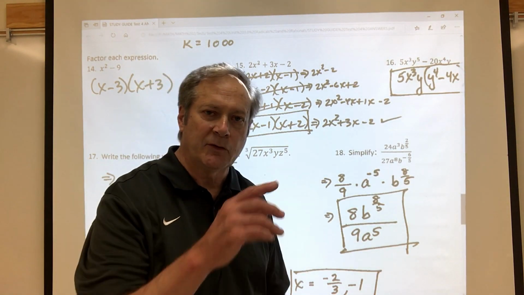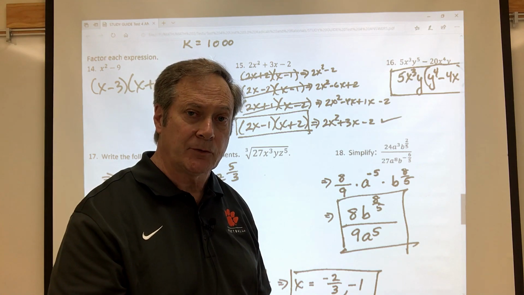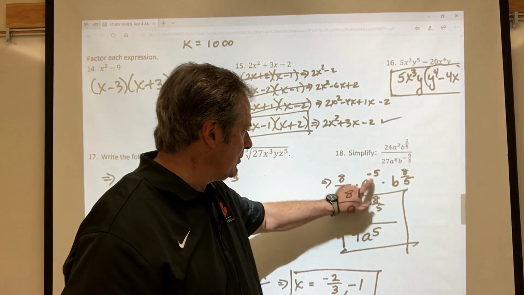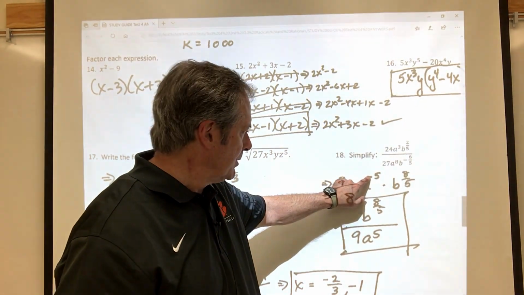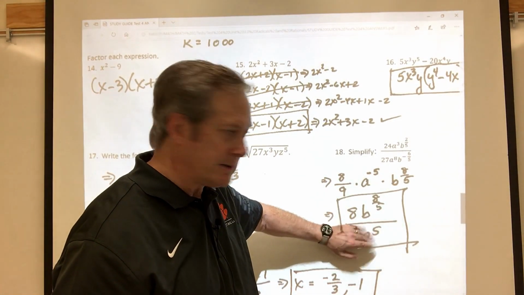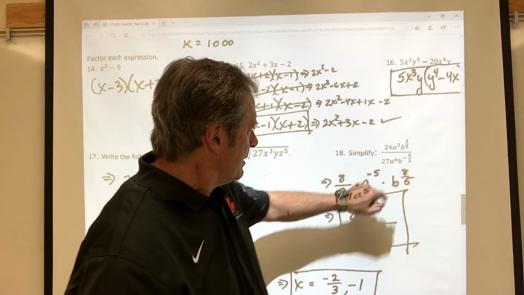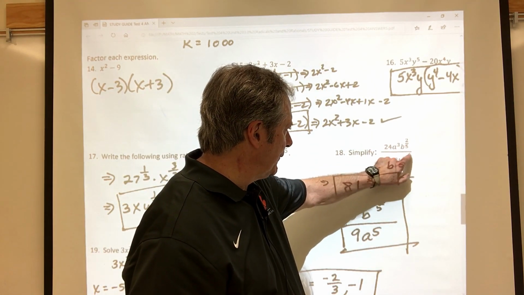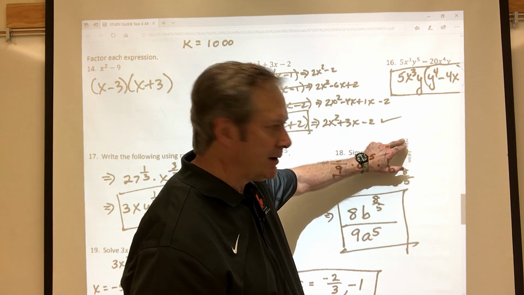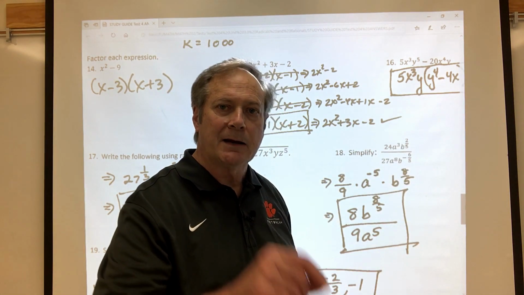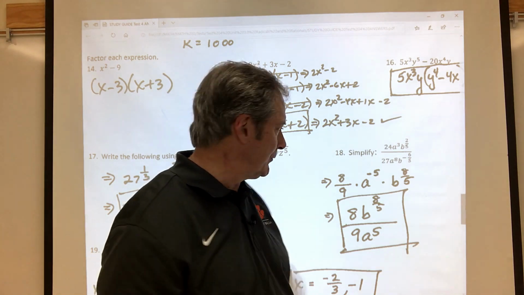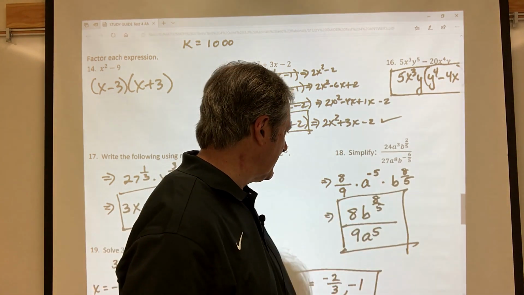You may want to remember we subtract exponents when we divide, so it's a to the 3 minus 8 or a to the negative 5, which in a moment we'll put down in the denominator. Okay, b to the 2/5 divided by b to the negative 6/5. All right, so just think of 2/5 minus a negative 6/5. That's 2/5 plus 6/5, or in other words, 8/5.